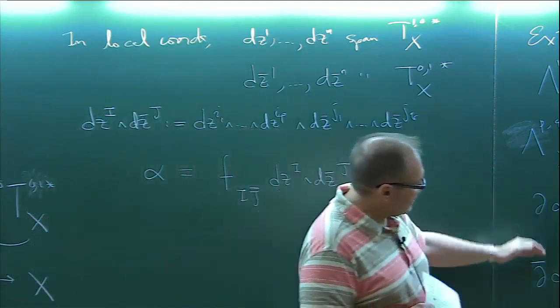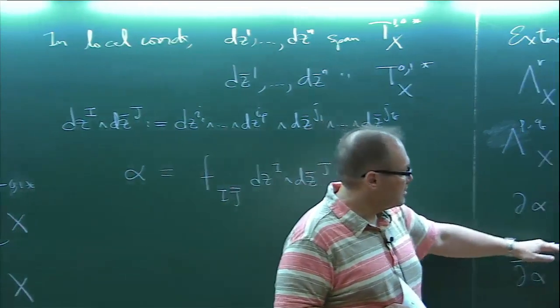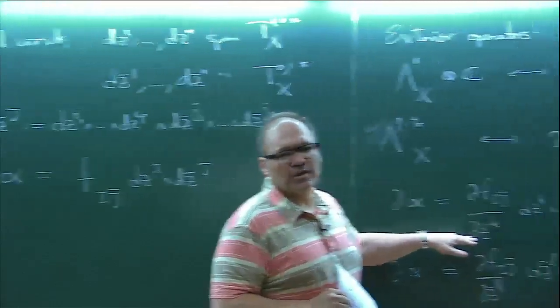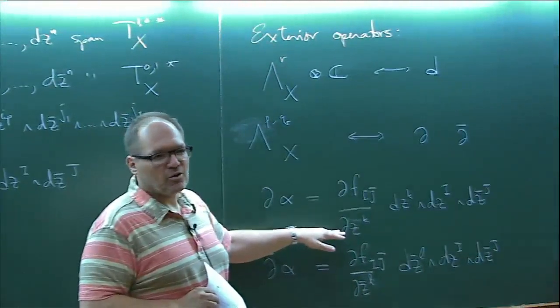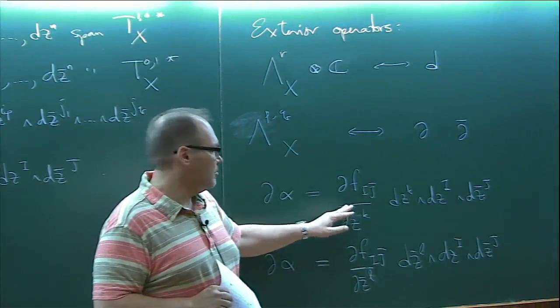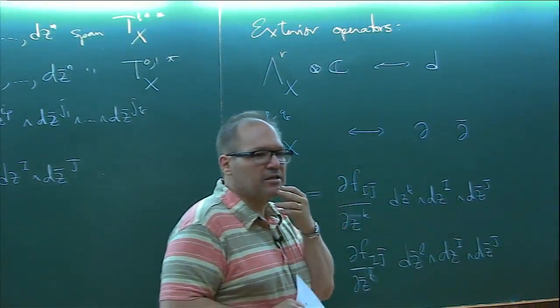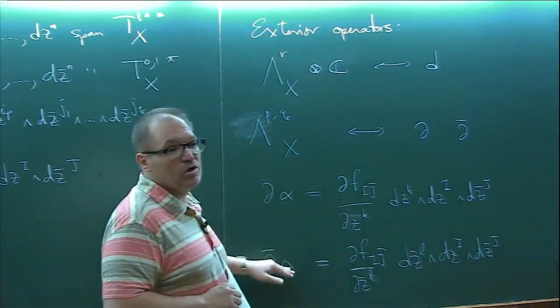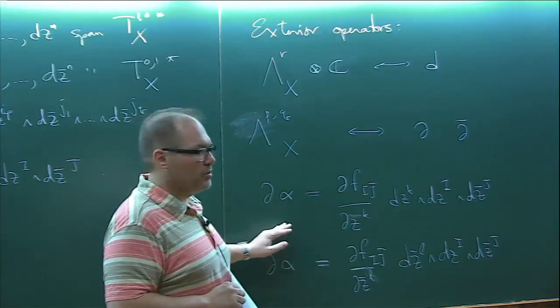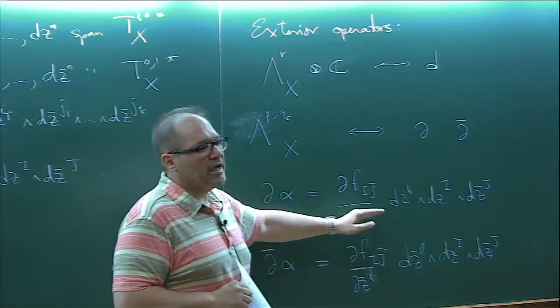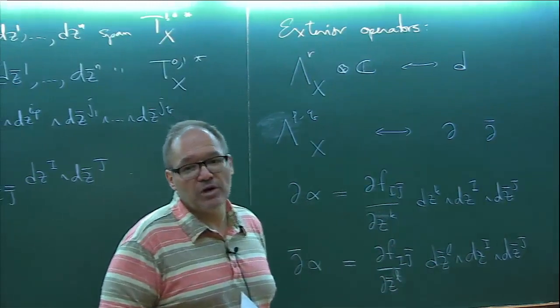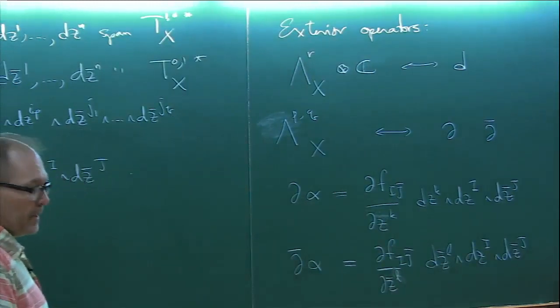But then when you write down these operators, these coefficients are not skew symmetric written in this way. So later on when we work out this Bochner-Kodaira identity, the formulas for these things will look a little bit different than they do now. But for the purpose of computation, you can write this down, and then if you wish, you can skew symmetrize the coefficients appropriately.